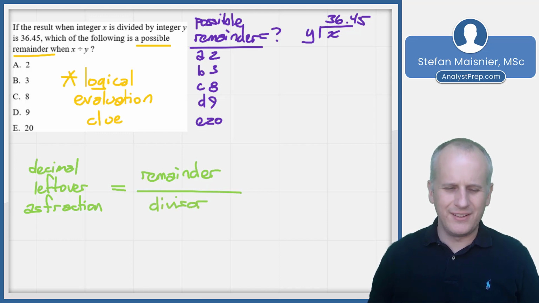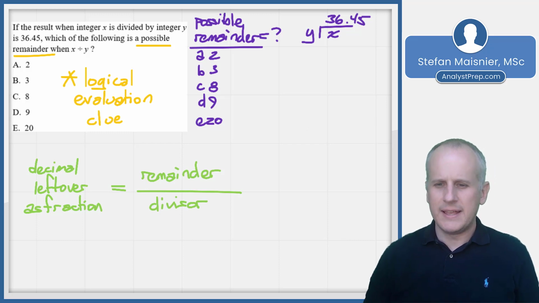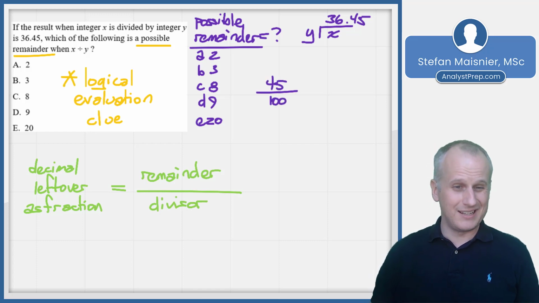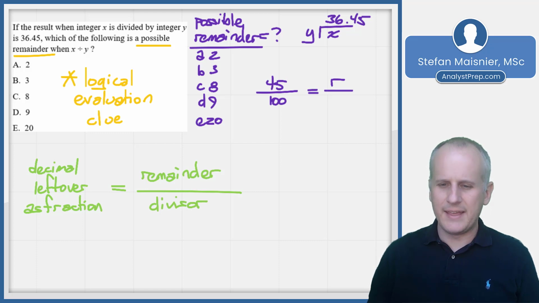So we can fill in this equation. First part we have to do is convert that 0.45 to a fraction, and that is just going to be 45 over 100. Keep it simple. I don't need to simplify that just yet. And that's going to be equal to the remainder, which we don't know. We'll just write that as r. And then we've got our divisor, which is the y.